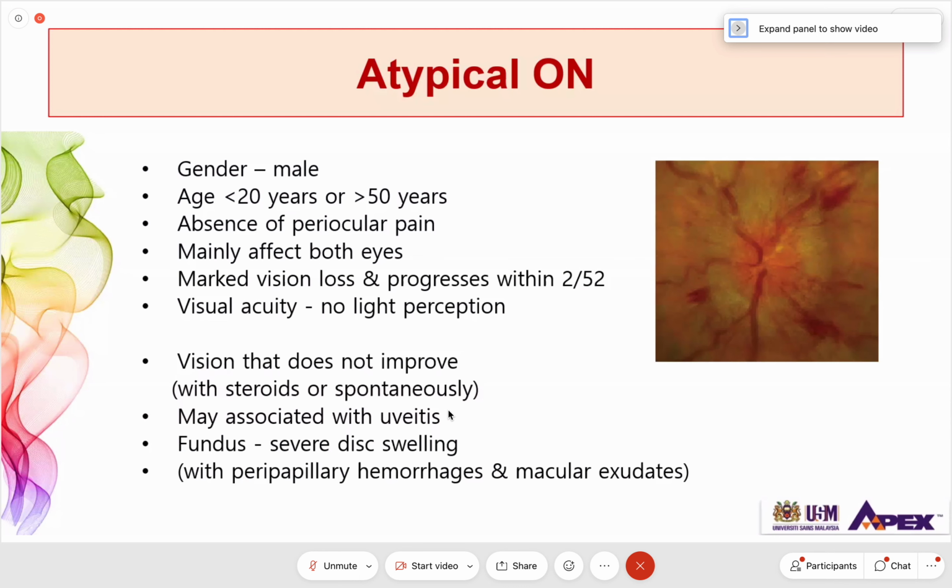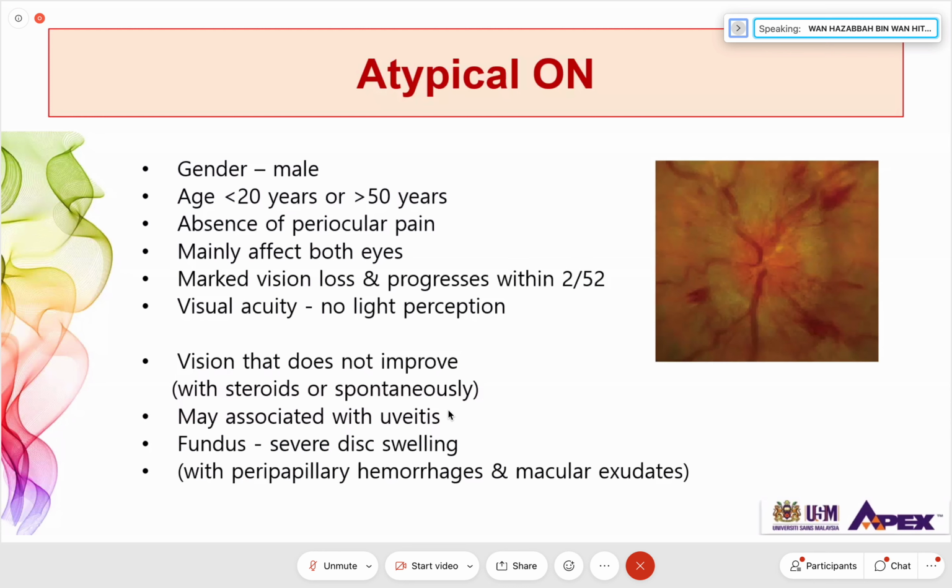But sometimes you can find a few patients who are a little bit elderly, which can be confusing as to whether this is ischemic optic neuropathy or not. Sometimes it may present in both eyes. The vision is quite markedly reduced, but the presentation is usually slow. Slow progress, so the patient comes a little bit late.